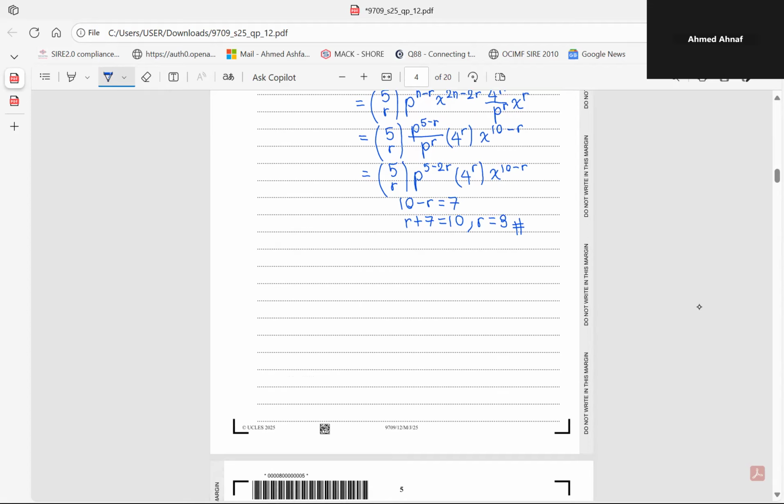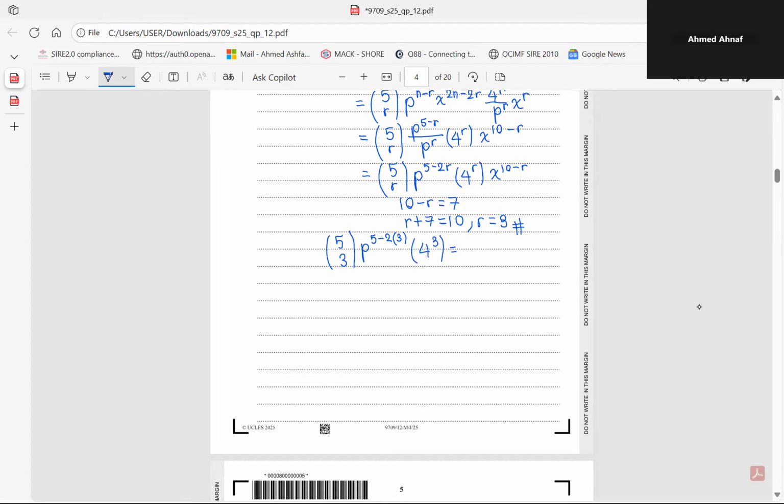Now let's find the equation by substituting r into the coefficient part. So we'll have 5 choose 3 times p to the power of 5 minus 2 times 3 times 4 to the power of 3.